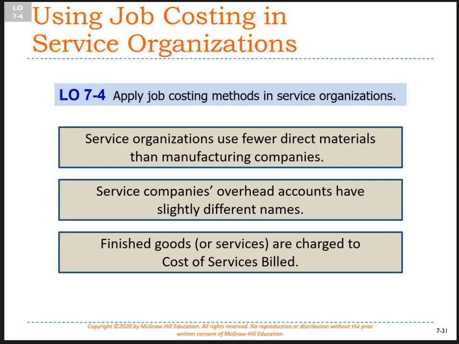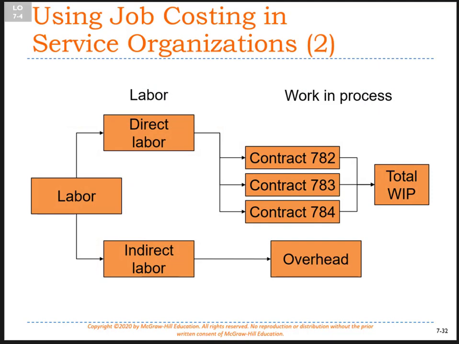Most of it is labor and overhead, but they still need some way to allocate that overhead to the services. They charge for the direct labor rate, but they also charge for overhead. Often called, instead of cost of goods sold, cost of services billed, or cost of revenue, or something of that nature. But it has the same principles, just missing the direct materials. All right, so here's how that labor might look.